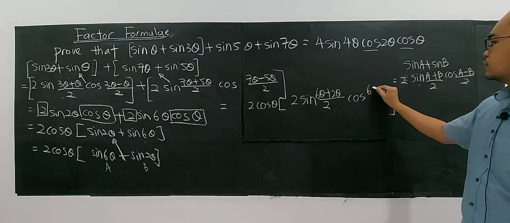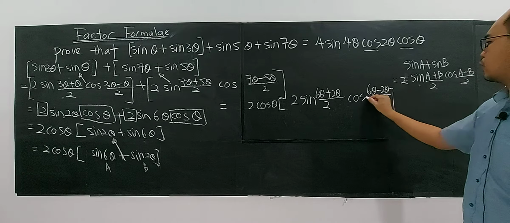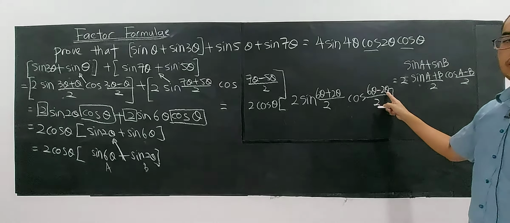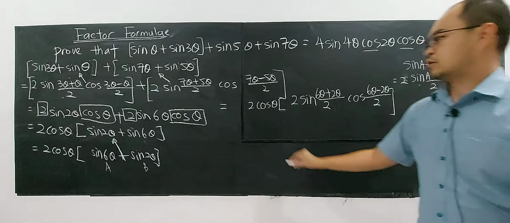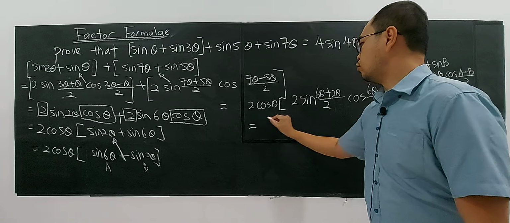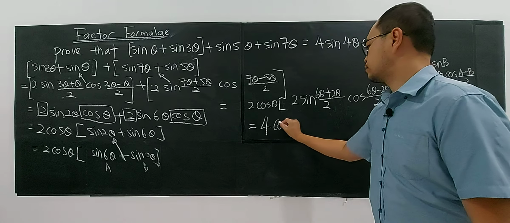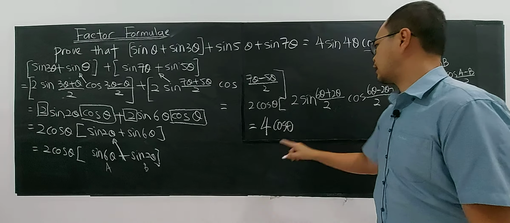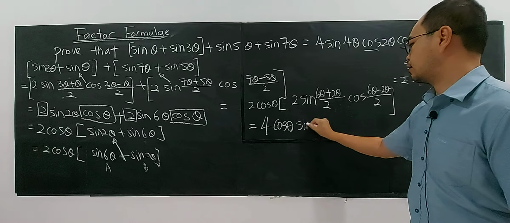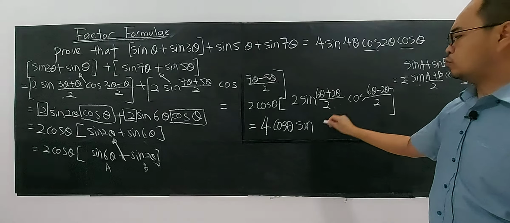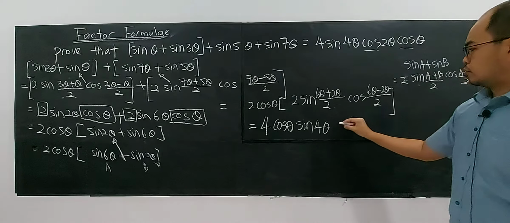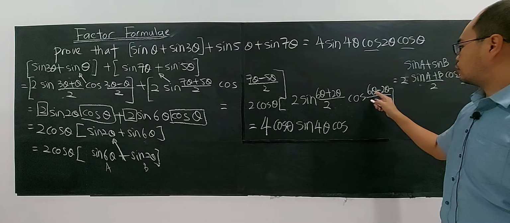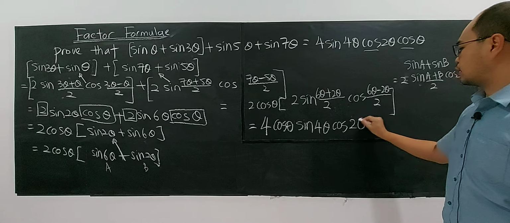So cos, 6 theta minus 2 theta over 2, 6 minus 2 is 4, 4 over 2, 2 theta, yes. So now you have 2, 2, 4 cos theta, and this one will become sine, 6 plus 2 over 2, 4 theta. For this you have cos 4 theta over 2, 2 theta.